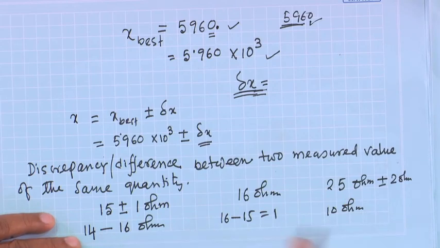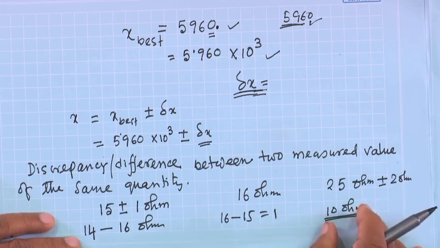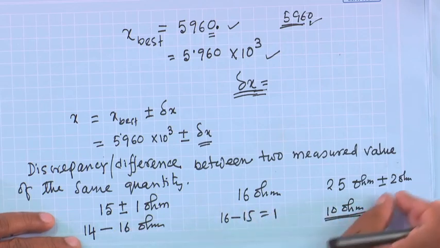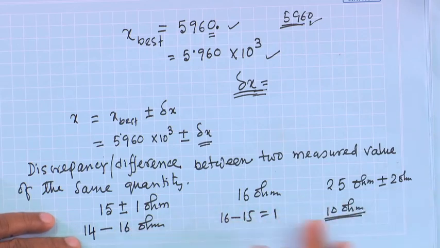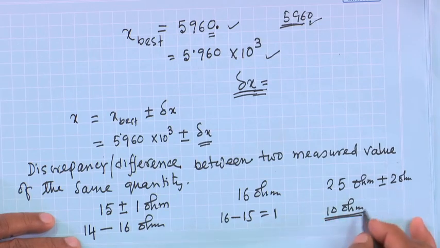The error range in your case is plus minus 1 ohm, and in his case 2 ohm. So this discrepancy of 10 ohm is too high, it is not covered by the error range. So definitely there is a mistake in the measurement.